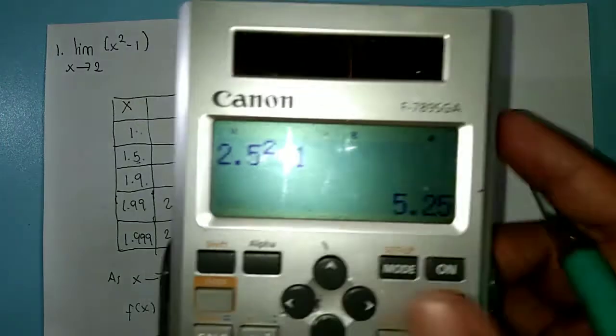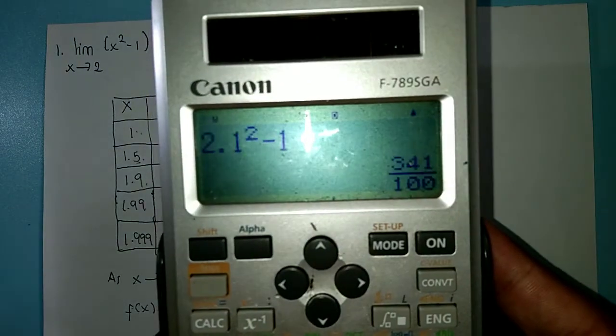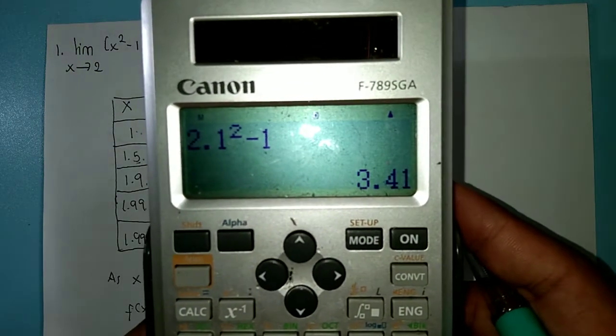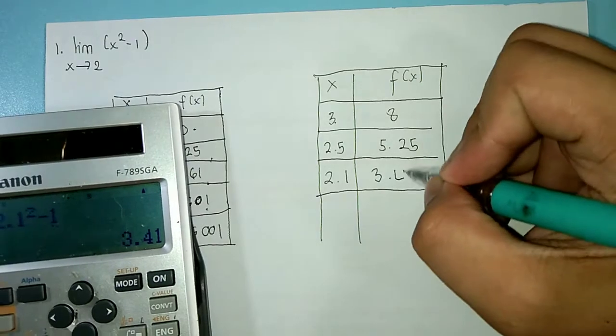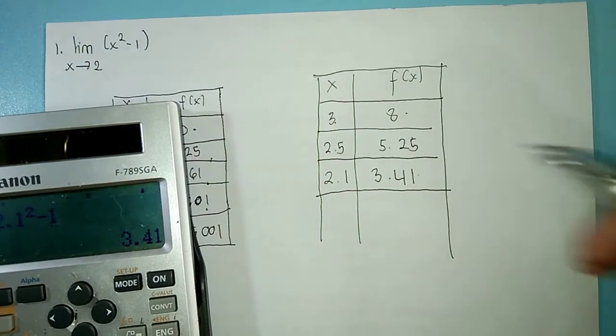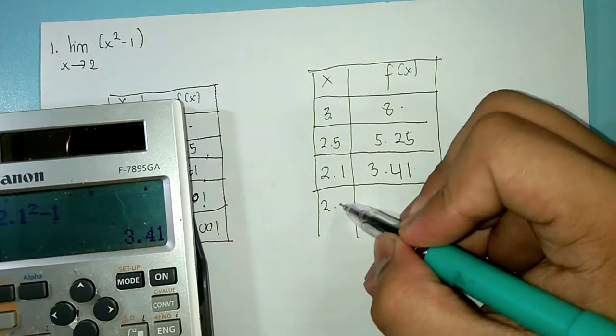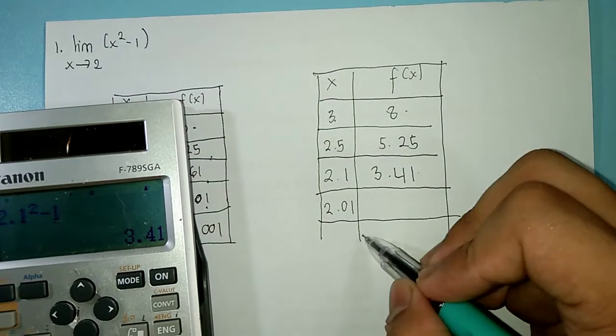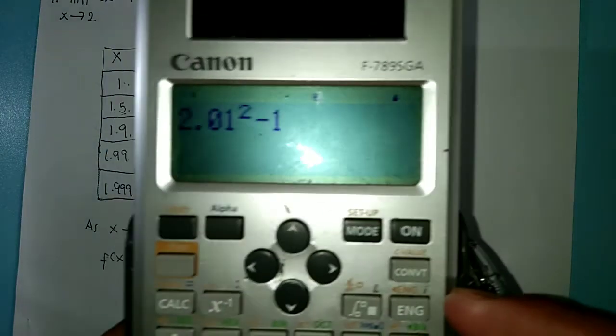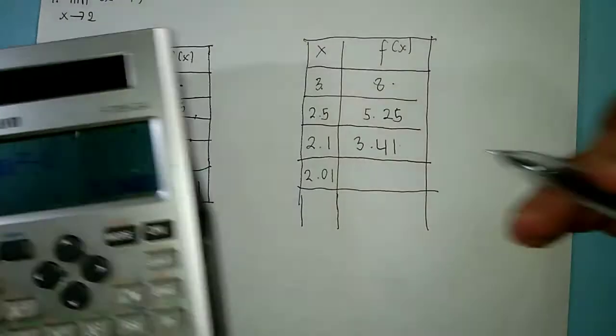What will happen to the value of f of x? It becomes 3.41. The values of f of x are decreasing. Let's go lower, 2.01. What happens to f of x? That will be 3.0401.